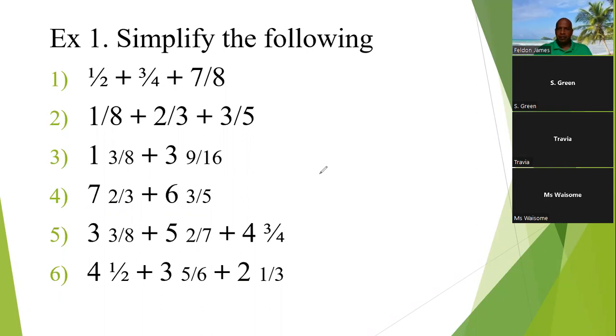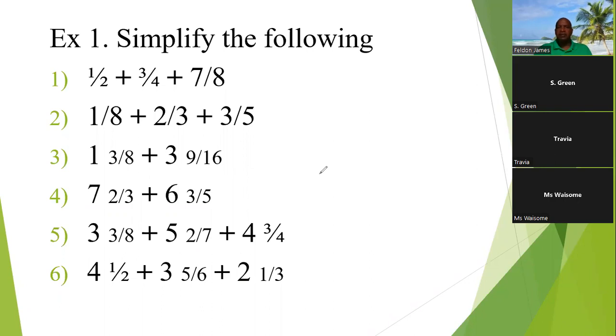Sir, because all the denominators can be divided by 8 itself. Say that again. Because all the denominators can be divided by 8.